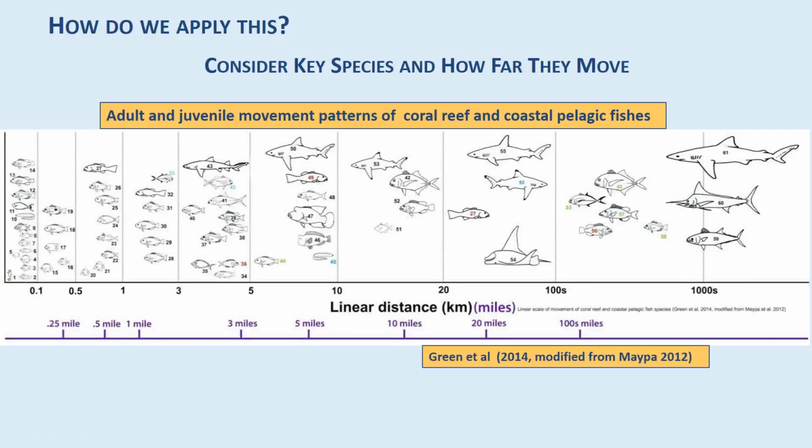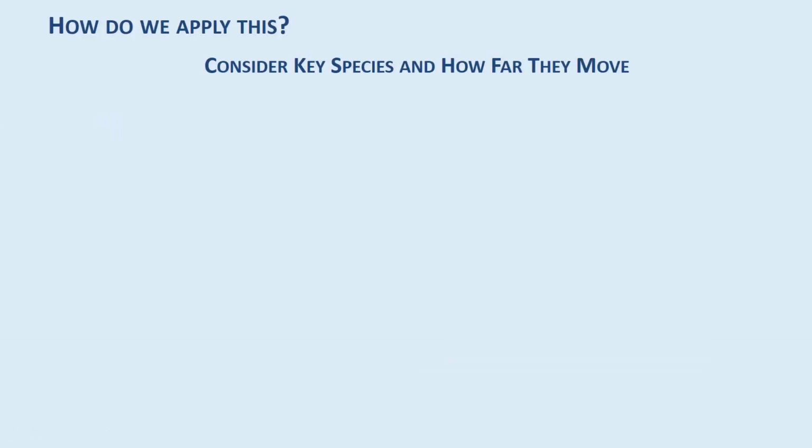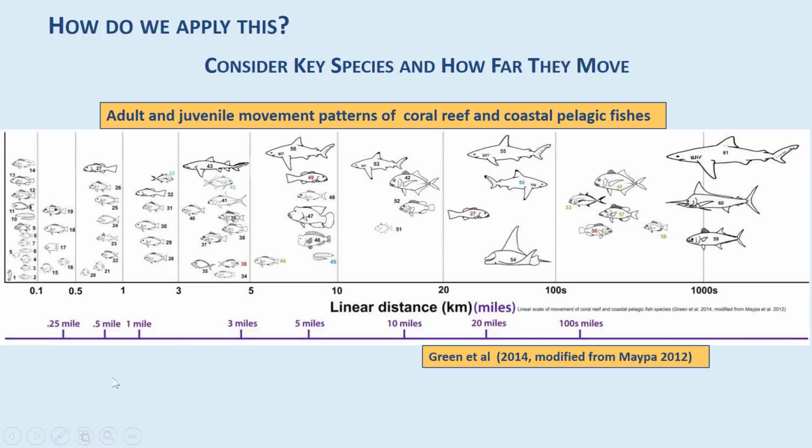This figure comes from our review paper, and what you can see here is along the x-axis we have distance in kilometres, how far things move. And because some of you might work in miles, we've also put a mile scale along the bottom.